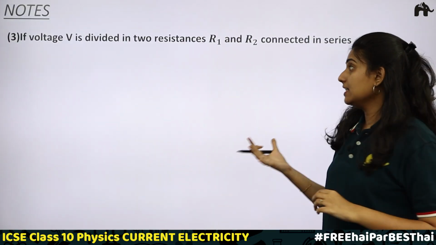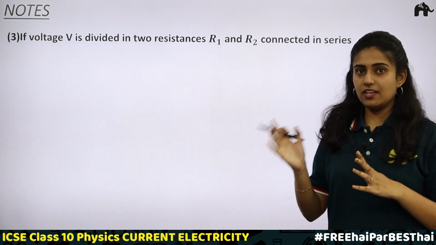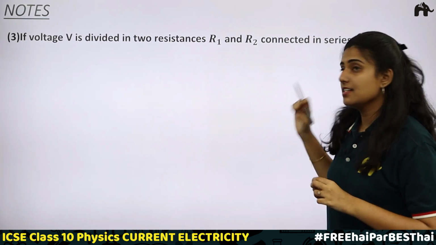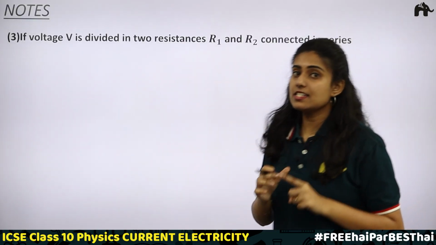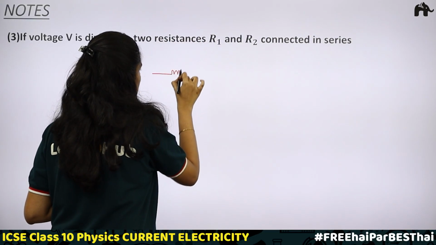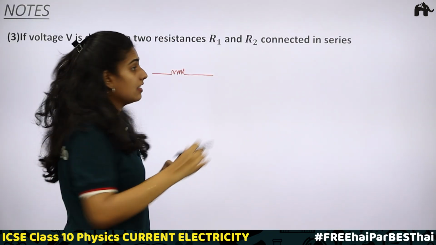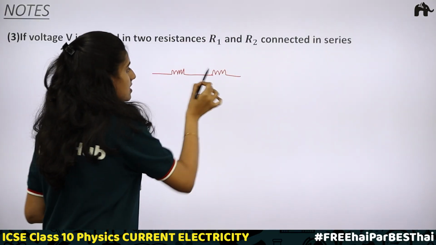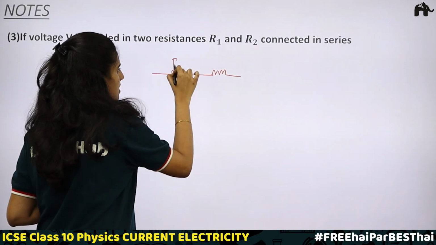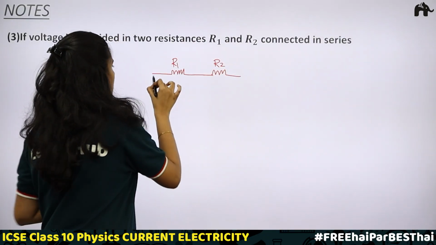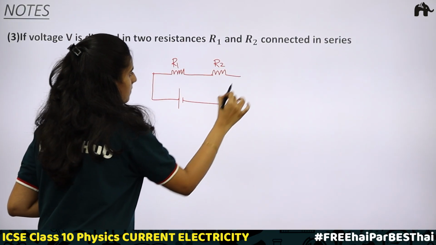Clear? Next, third, is to find V1 and V2, that is, the voltage across the first resistor R1 and the voltage across the second resistor R2 when the resistors are connected in series. In series connection, the current will remain the same but the potential difference across the resistors will be different. This is your first resistor R1, this is the second resistor R2, connected in series to a battery.